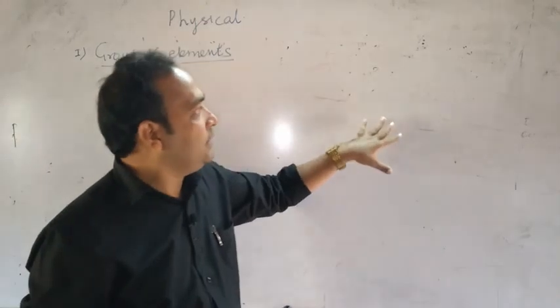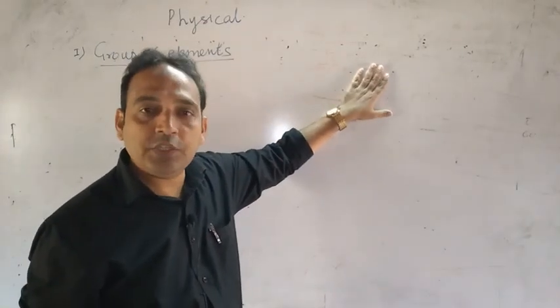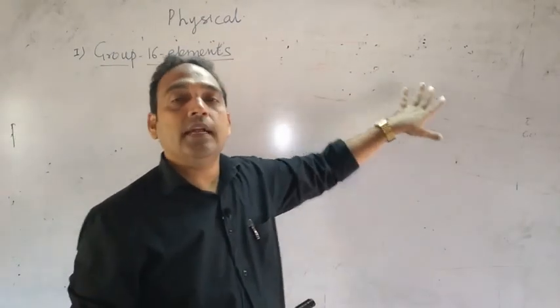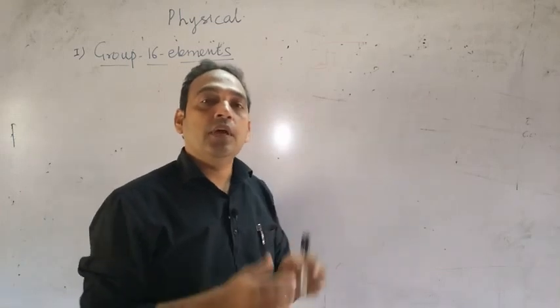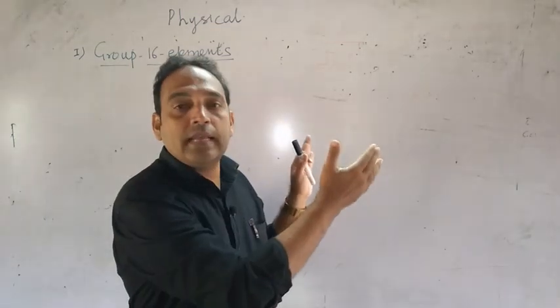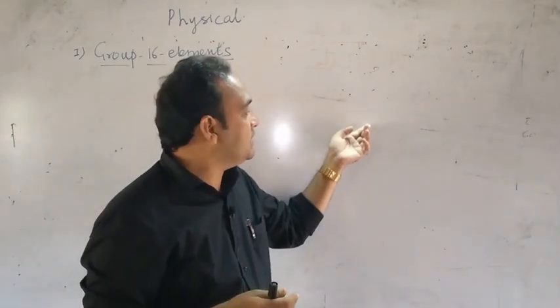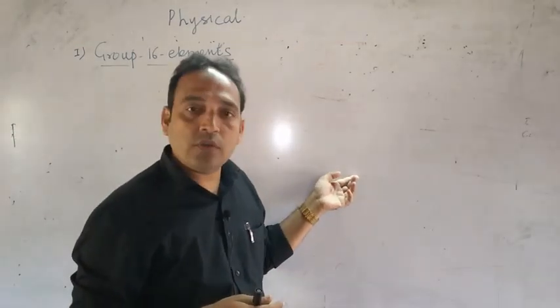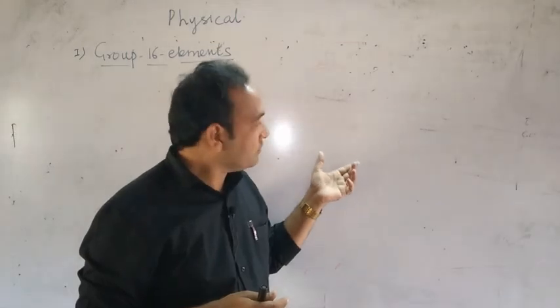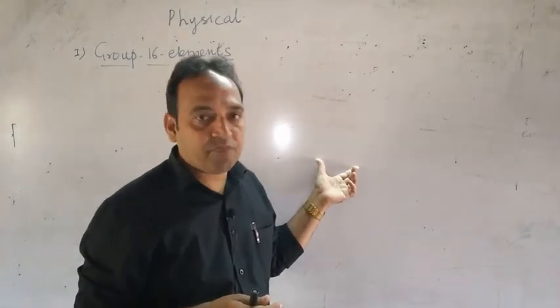Now, how to write the condensed electronic configuration? While writing the condensed electronic configuration, first write the noble gas element before that. Suppose I have to write the condensed electronic configuration of oxygen. Oxygen's atomic number is 8.